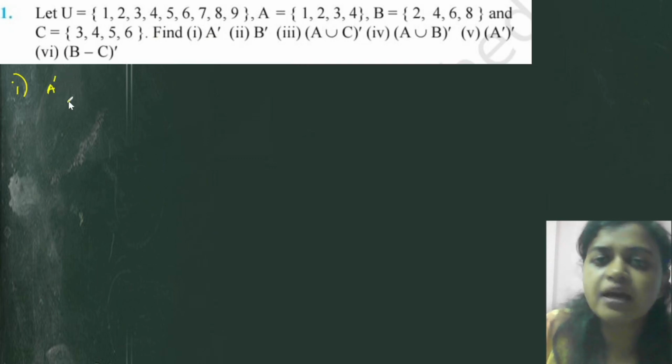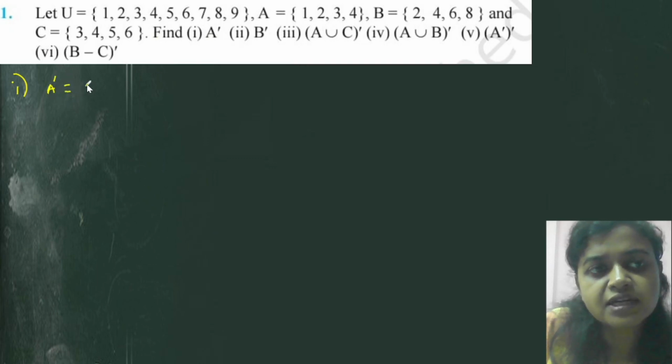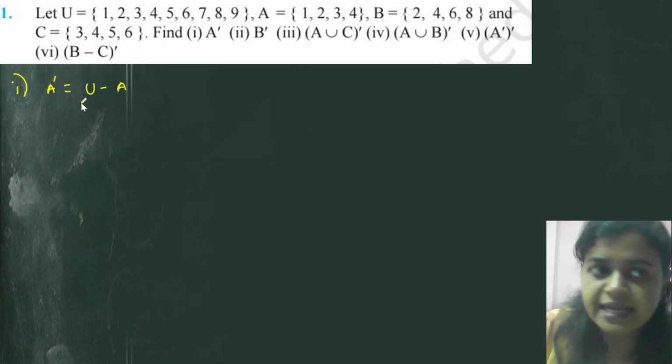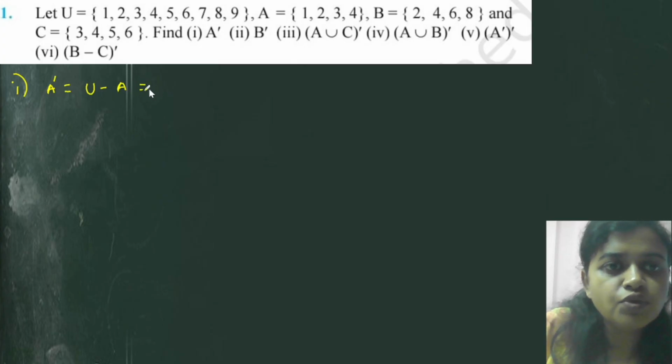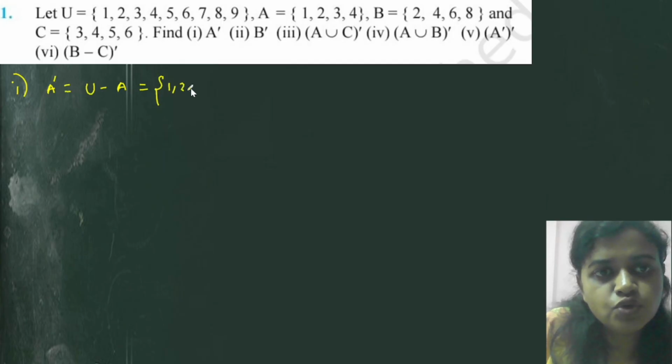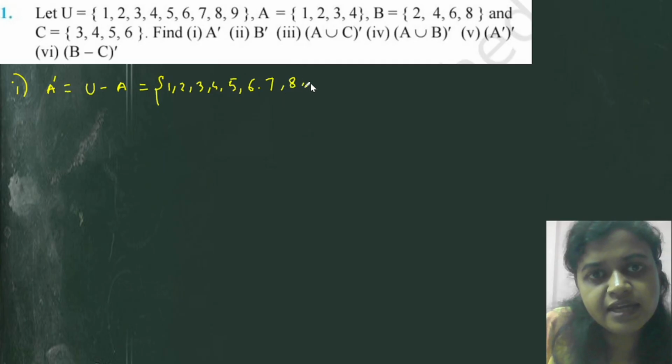So you know A complement means what? You have to subtract set A from the universal set. A complement means U minus A. So U is 1, 2, 3, 4, 5, 6, 7, 8, 9.